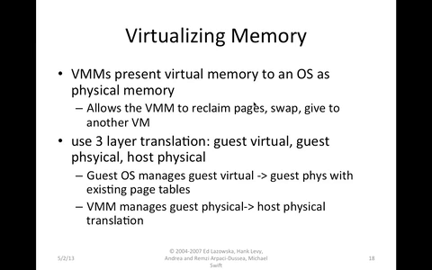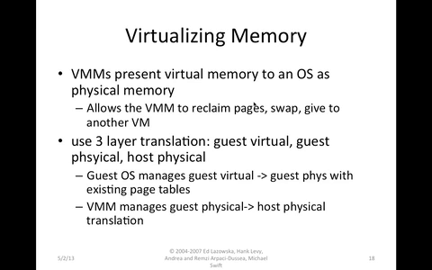When we think about virtualizing memory, if you remember back to March or something, we looked at virtual memory. So we have physical memory, which is made up of pages. The OS would create a page table, which would map virtual addresses to physical addresses.